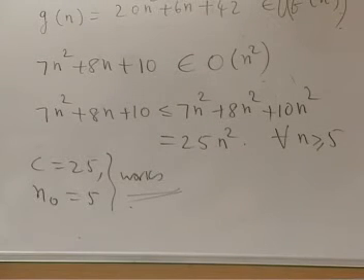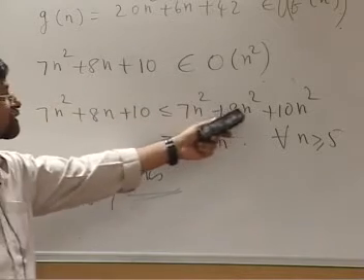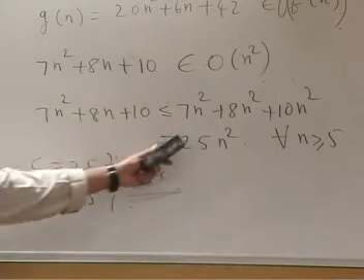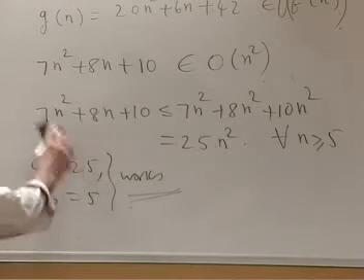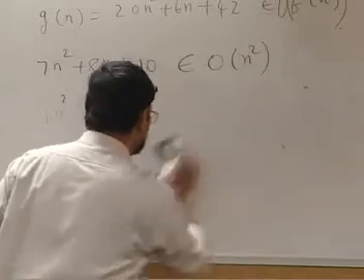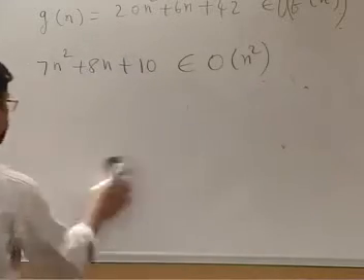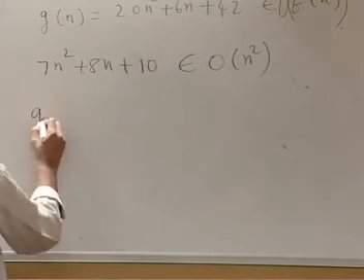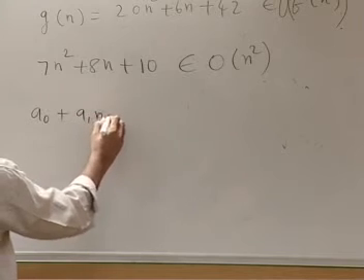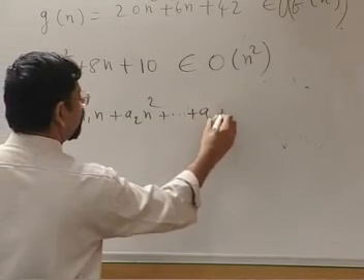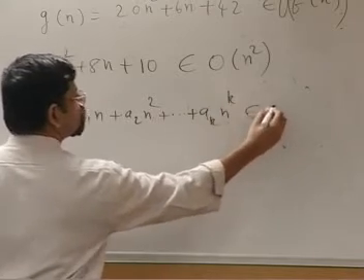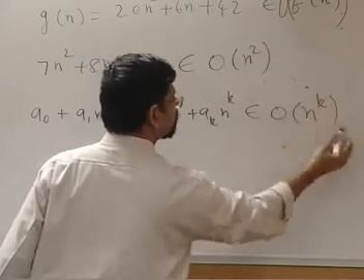In fact, this trick of adding the coefficients to find an ultimate constant can be extended, and we can say the following: A0 plus A1 n plus A2 n square plus ... plus Ak n power k belongs to order of n power k.